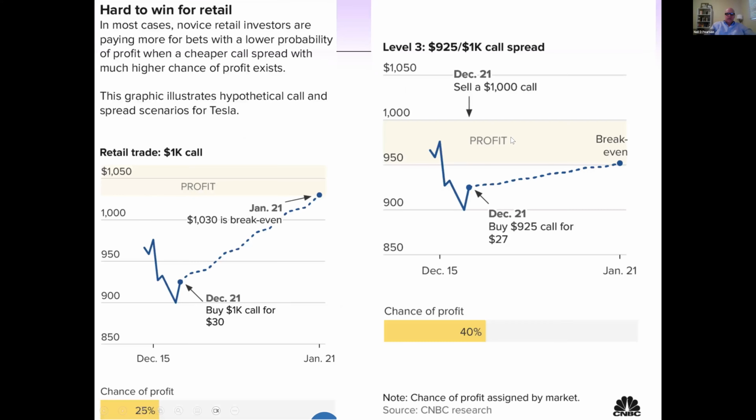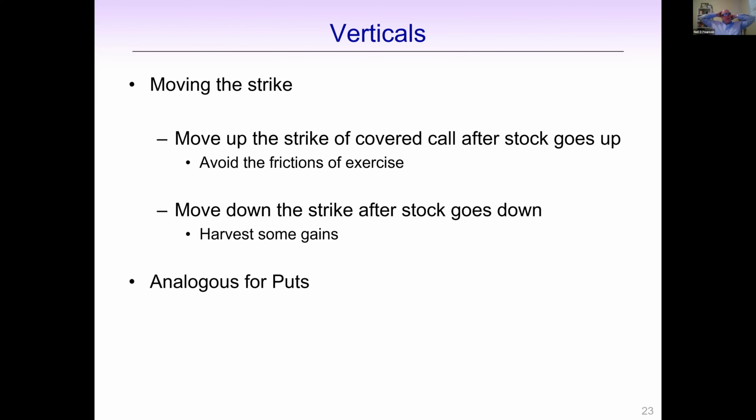And then even for verticals, people in the industry will talk about the risk exposure of a vertical spread. I'm running low on time, so I'm not going to spend much time on this. But another reason we're interested in is the hypothesis that a vertical spread can adjust a simple position.